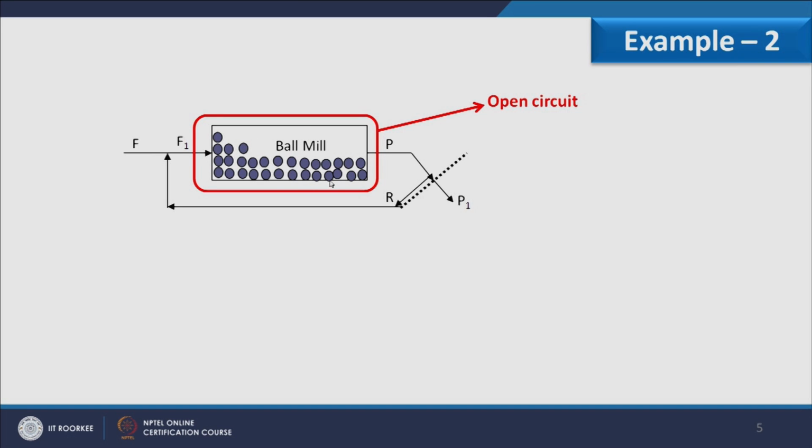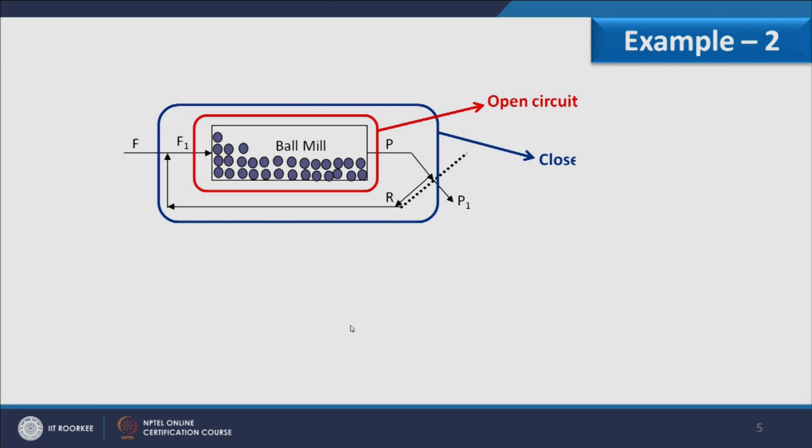As far as the open circuit definition is concerned, it is the material passed into the crusher and the material leaving the crusher. So, F1 and P are part of the open circuit, and if I consider the recycle part inside this, then we can call it a closed circuit, because the closed circuit has some undesirable material which is continuously fed to the ball mill.